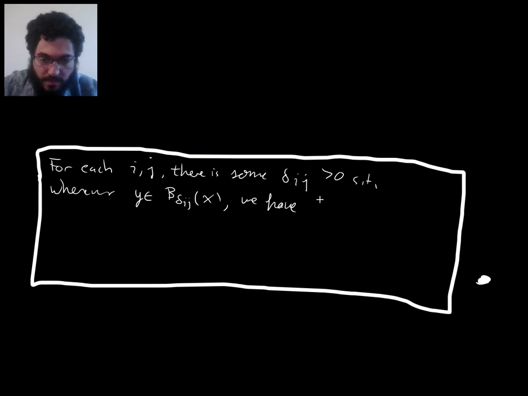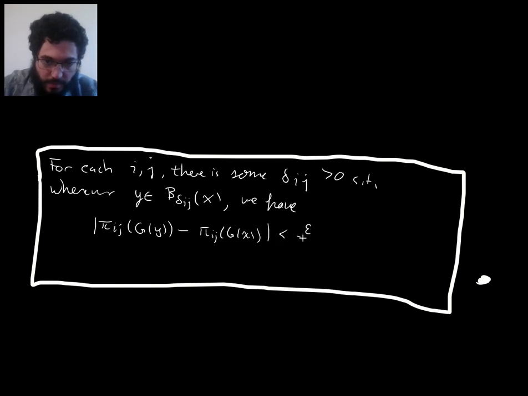we have the distance between pi ij g y and pi ij g x is less than epsilon over n times m.